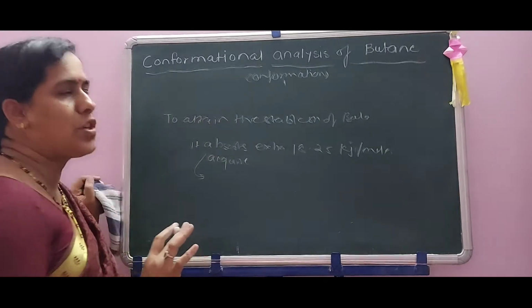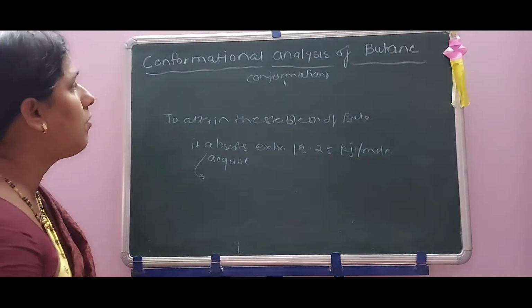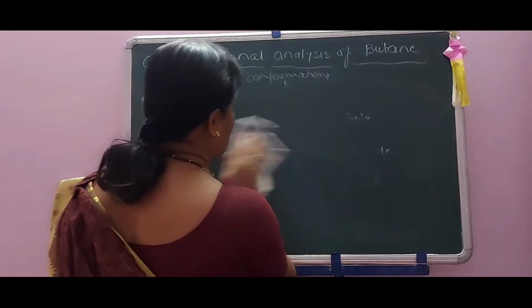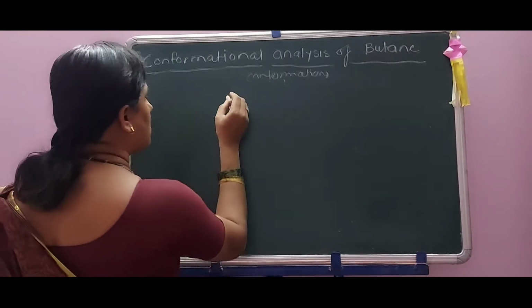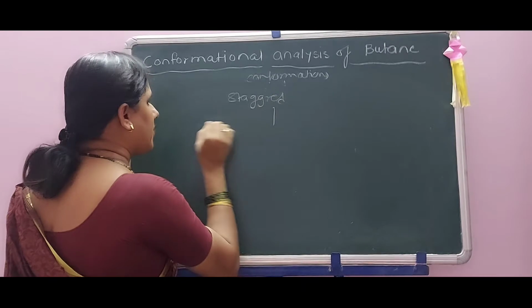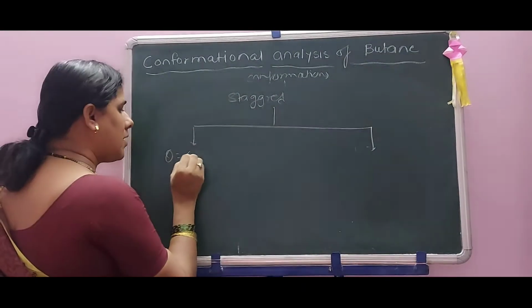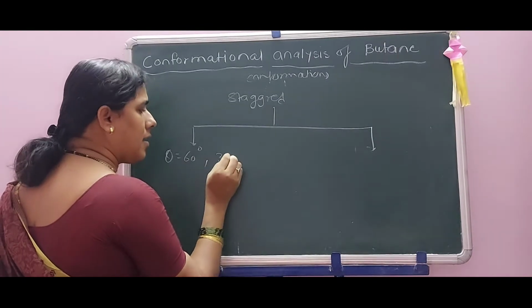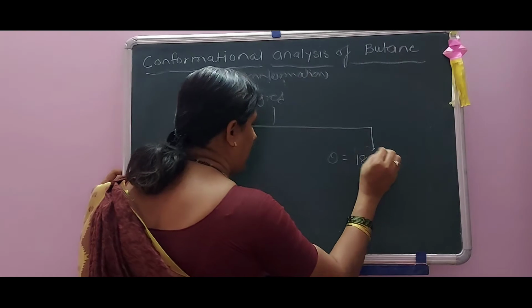This is the case for the eclipsed structure. Now go for the staggered structure. Here in the staggered structure there is a similar sequence. Staggered means theta is equal to 60 degrees, and 300 degrees, and theta is equal to 180 degrees.